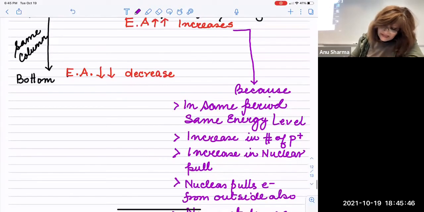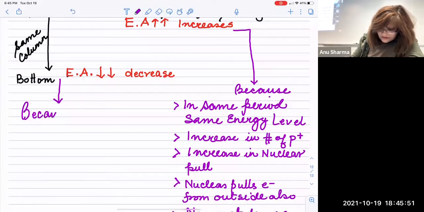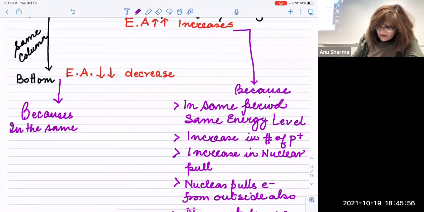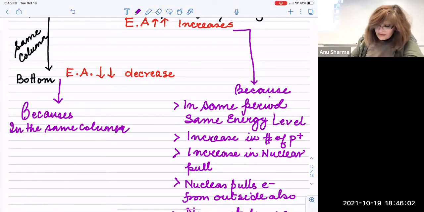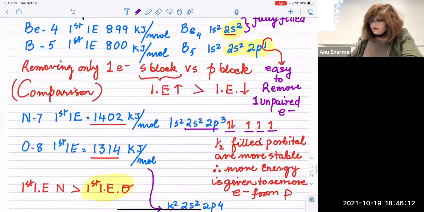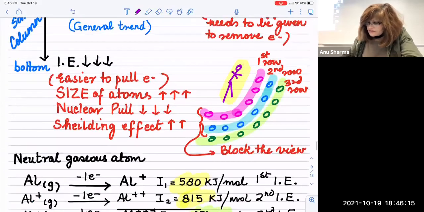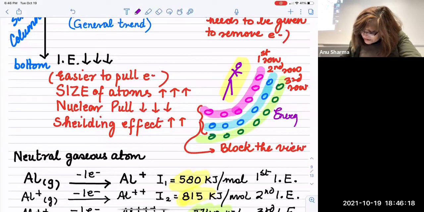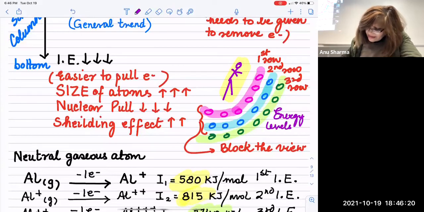But why does the electron affinity decrease here? It decreases because in the same column, energy levels are increasing. These represent the energy levels, and the nucleus is the teacher.